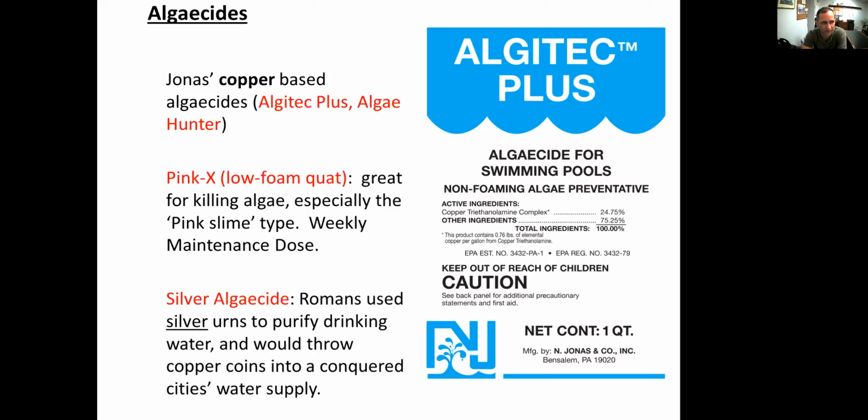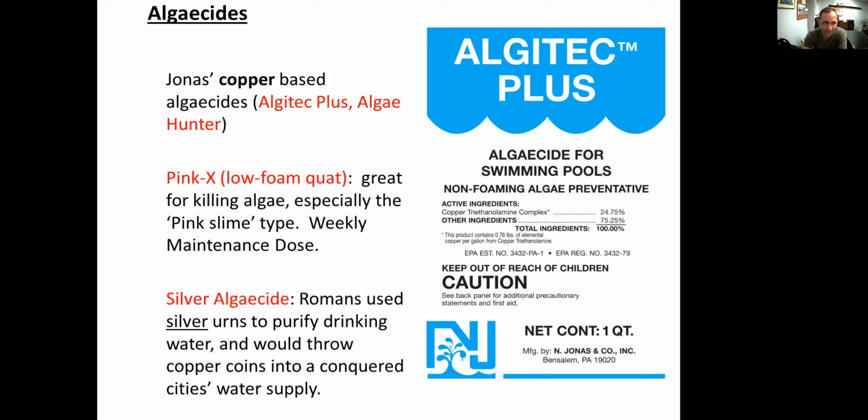So we have a few different copper algicides. There's the Pink X, which is a low foam quad algicide. The quad algicides work really good if you have a problem, and most people that use them, I hear things like they're the old style algicides, but they still work really good. And the people complain that they tend to foam, which is true.